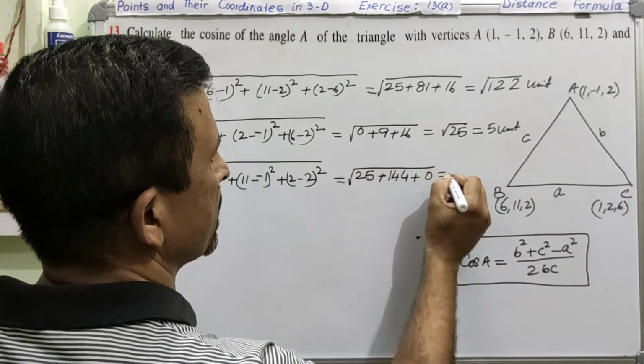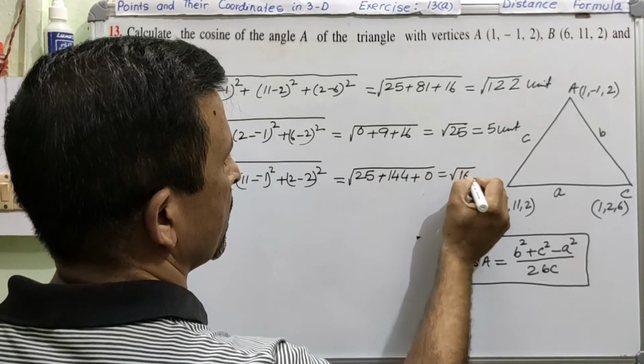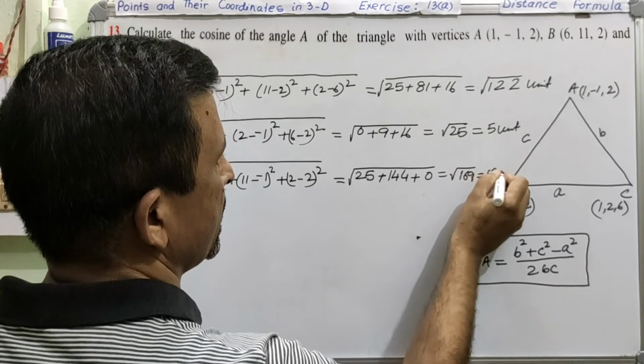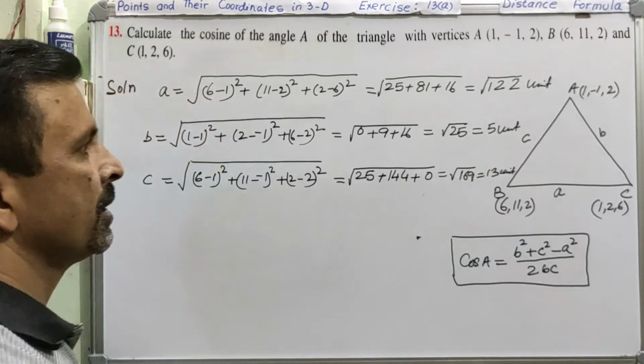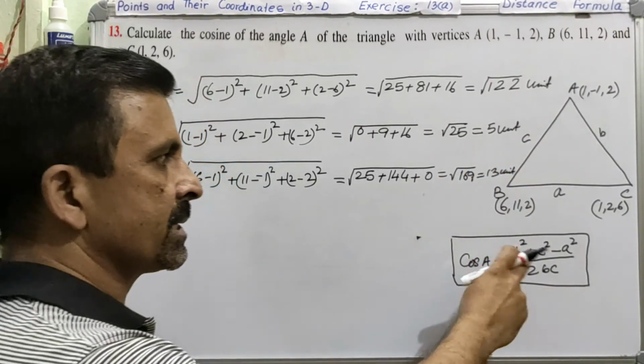Finally this is root over 169, which is equal to 13 unit. So we calculated the values of a, b, and c.